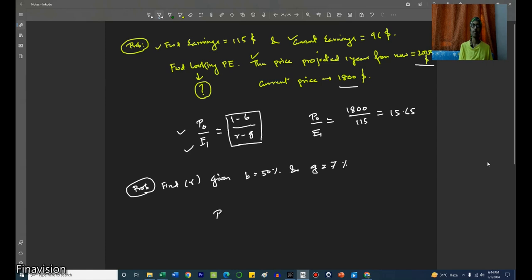So P0 by E1 is equal to 1 minus B by R minus G, right?